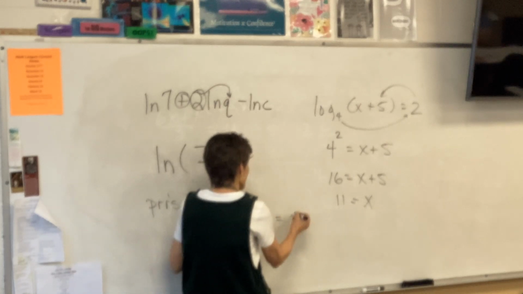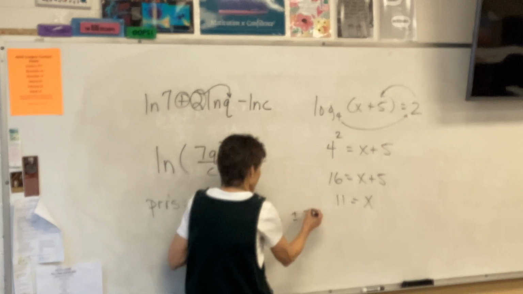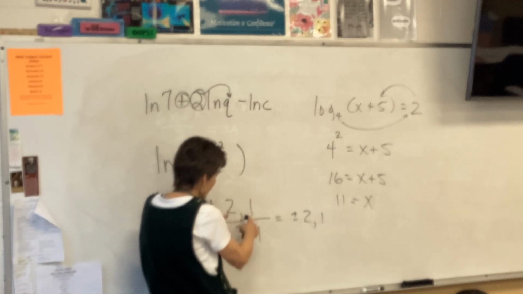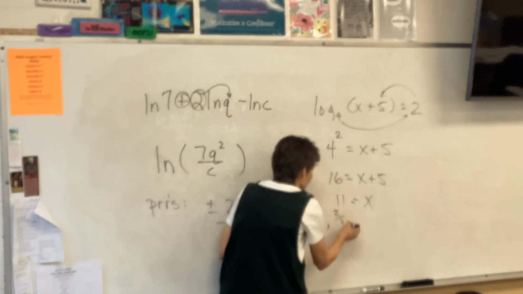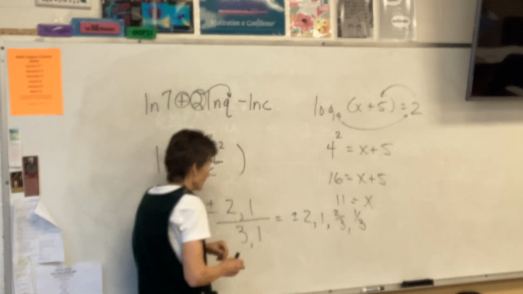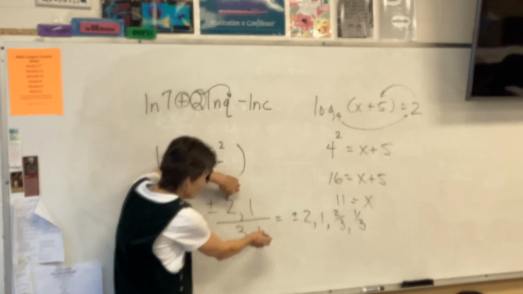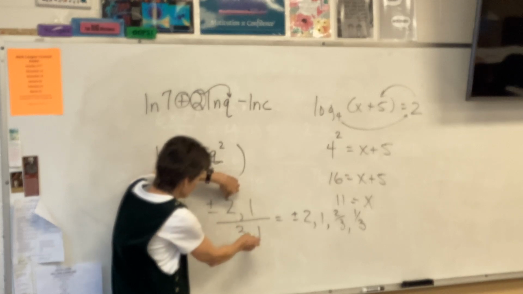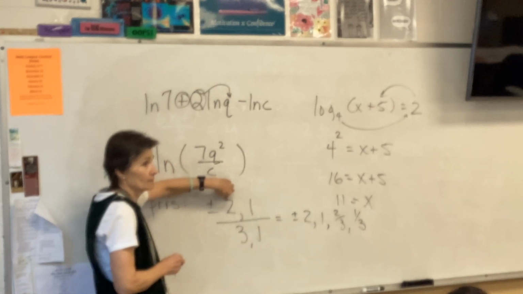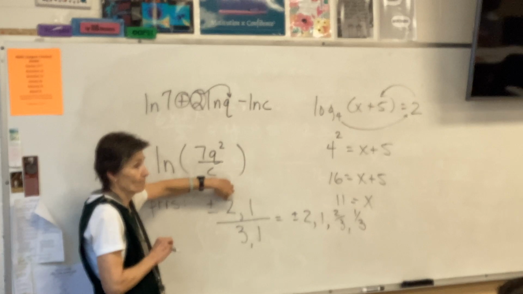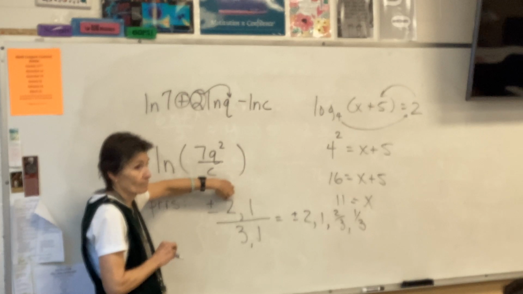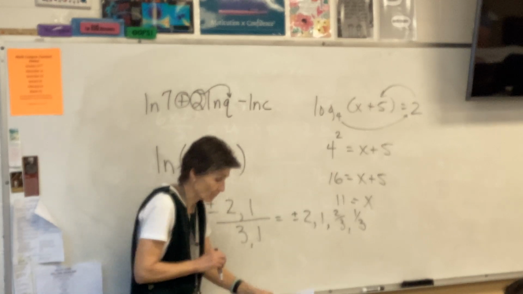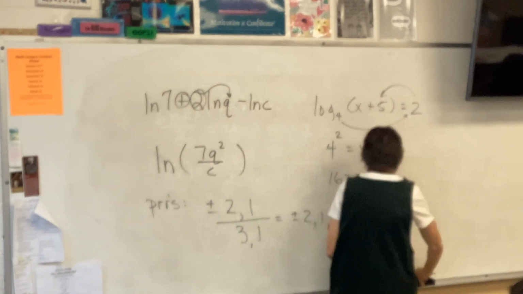So you're going to have plus or minus 2 and 1. And then you're going to have plus or minus 2/3 and 1/3. So we have 2 over 1 and 1 over 1, and then 2 over 3 and 1 over 3. And that's all of them. Factors of last number over factors of first number.